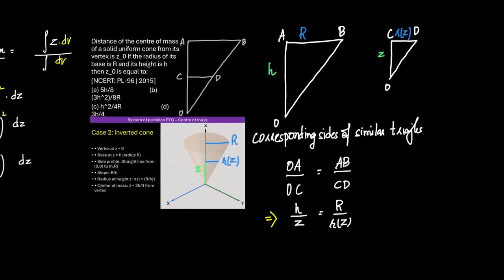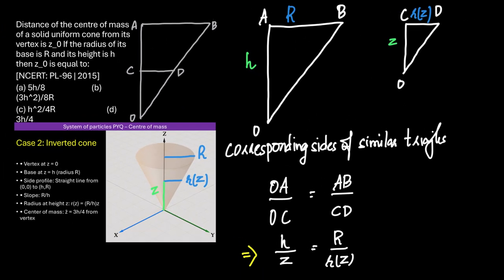So when we say that the cone is inverted with respect to the xyz axes, we assume that the height of the cone is varying along the z-axis, and the height is causing a change in the diameter, and therefore the radius is a function of height, which being the z-axis, is a function of z.